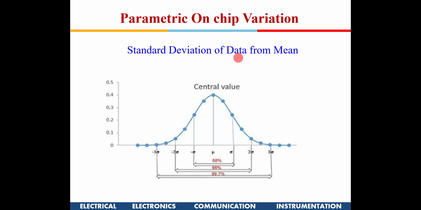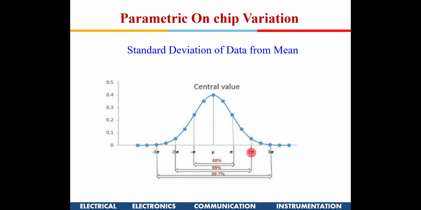If you consider the standard deviation, you know that from statistics. 1 sigma is the standard deviation. In 1 sigma you will find about 65% of the fabricated chips covered.